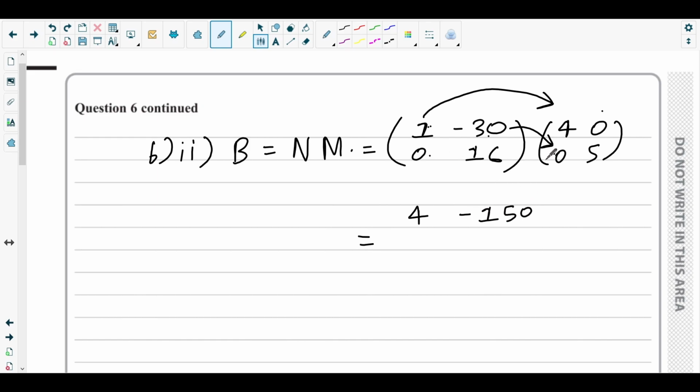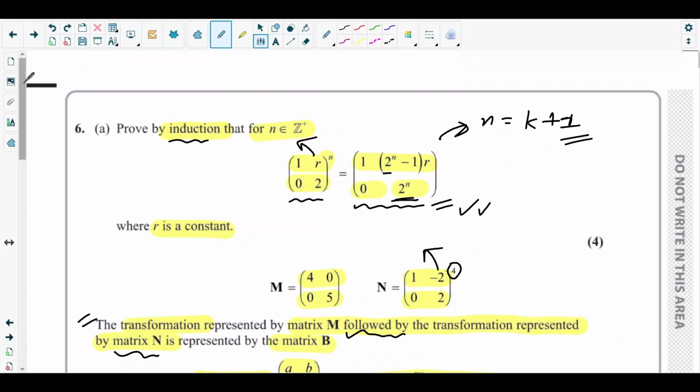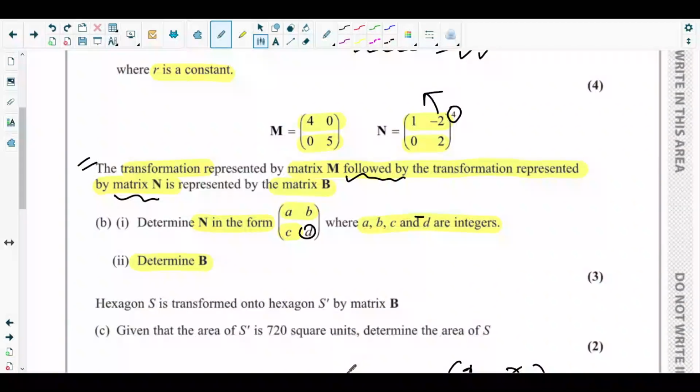And then 0 times 4 is 0, and 16 times 0 is basically 0. Then 0 times 0 is 0, 16 times 5 is 80. That's it. This is basically the transformation matrix B. That's what part B2 has asked to determine.